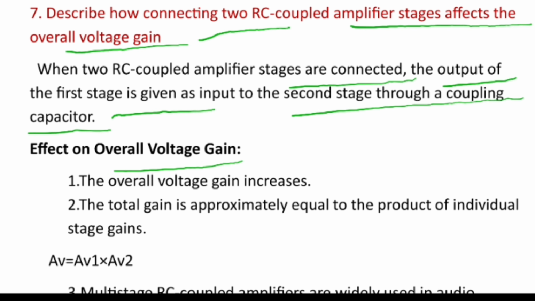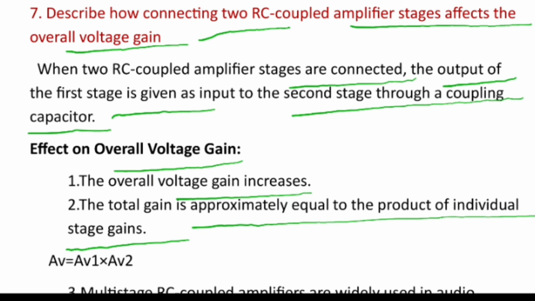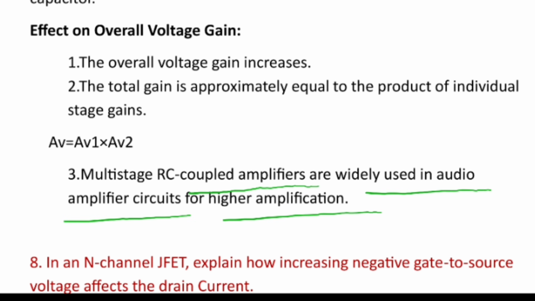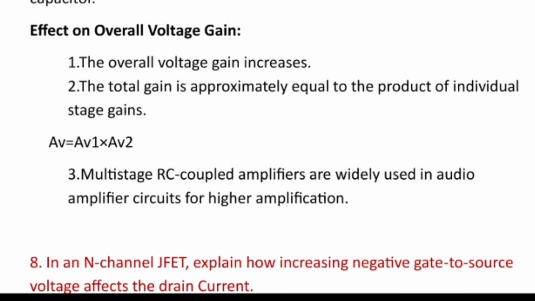Overall effect on voltage gain: first, the overall voltage gain increases, and the total gain is approximately equal to the product of the individual stages. So AV = AV1 × AV2. Third, multi-stage RC coupled amplifiers are widely used in audio amplification circuits for higher amplification.